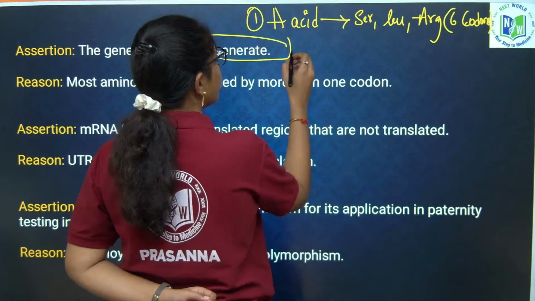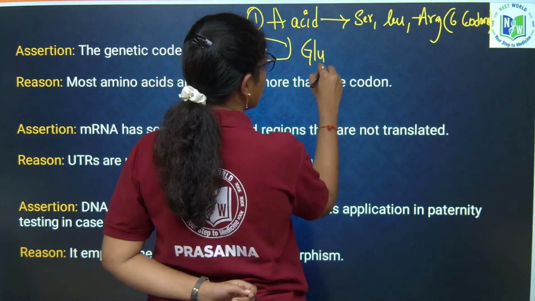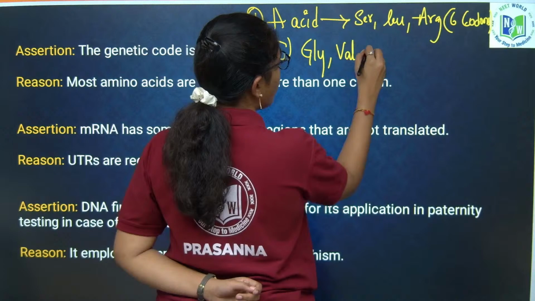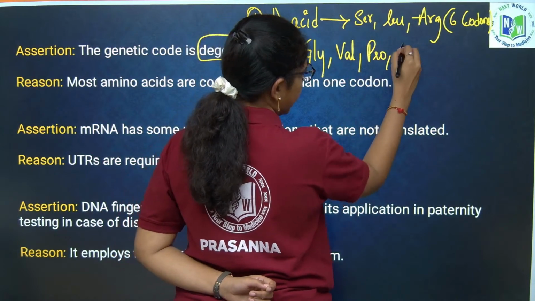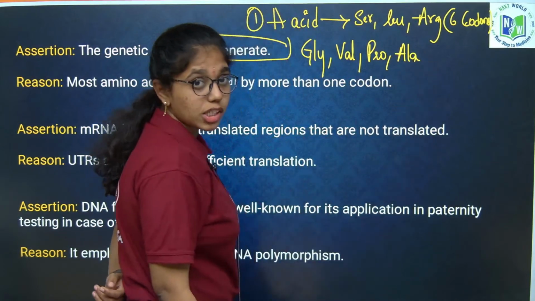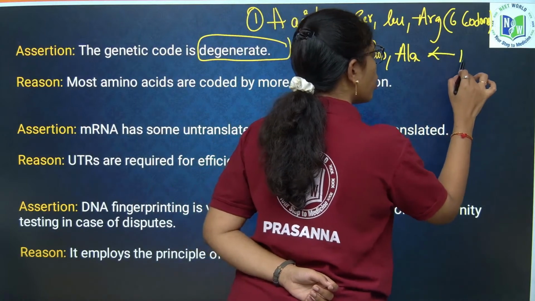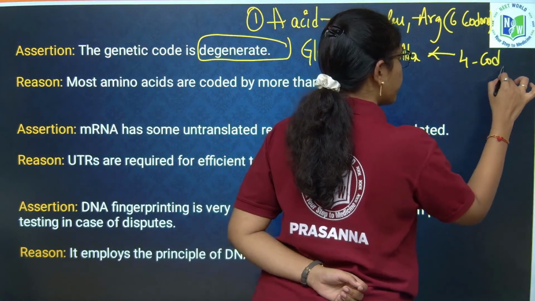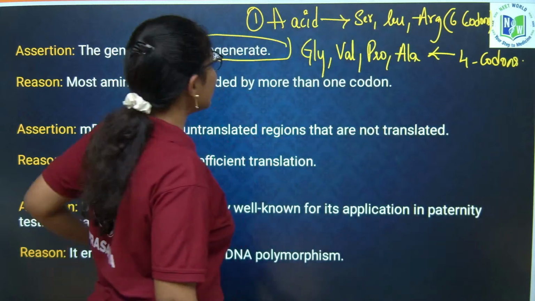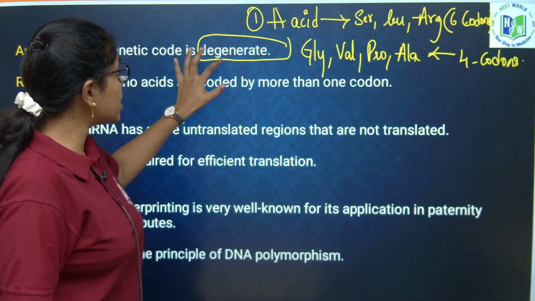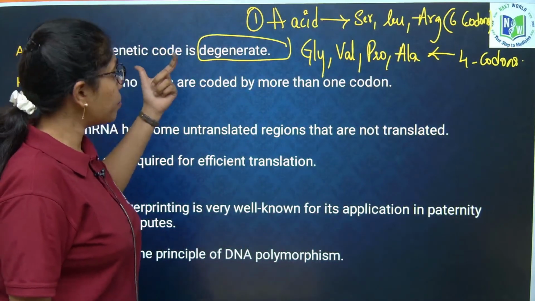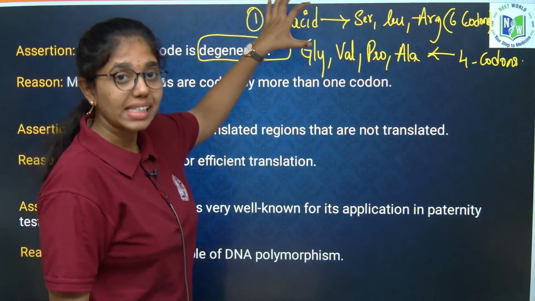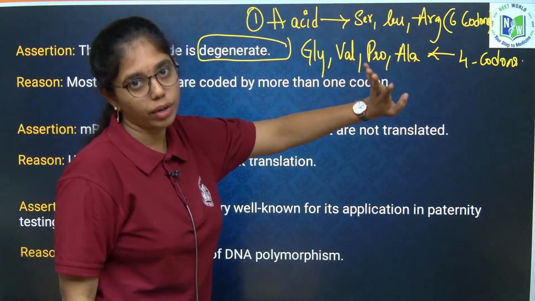Glycine, valine, proline, alanine are amino acids coded by 4 codons. So degenerate means one amino acid is coded by more than 1 codon.